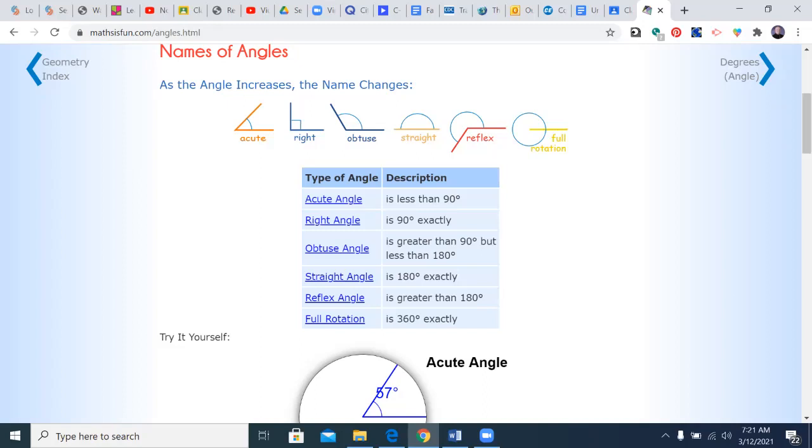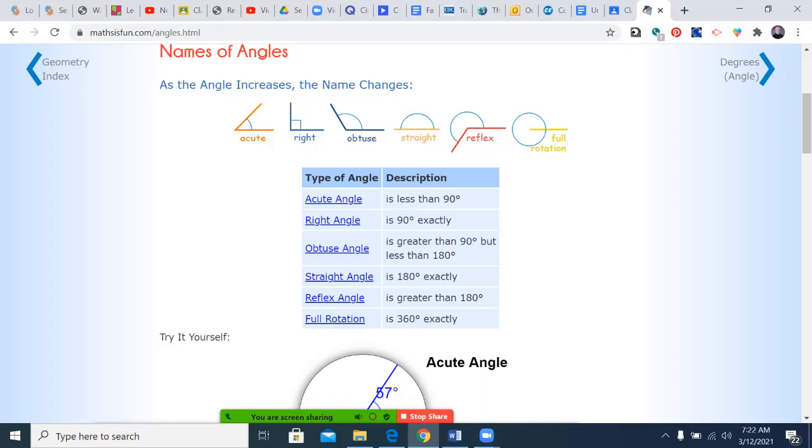And you can see the image here. Granted, this one's probably closer to 120 degrees, but 90.1 would be obtuse. 179.9 would be obtuse. At 180 degrees, it's a straight angle. If you pick up a piece of paper with the lines going across, the angle on those lines is 180 degrees. They are straight lines.